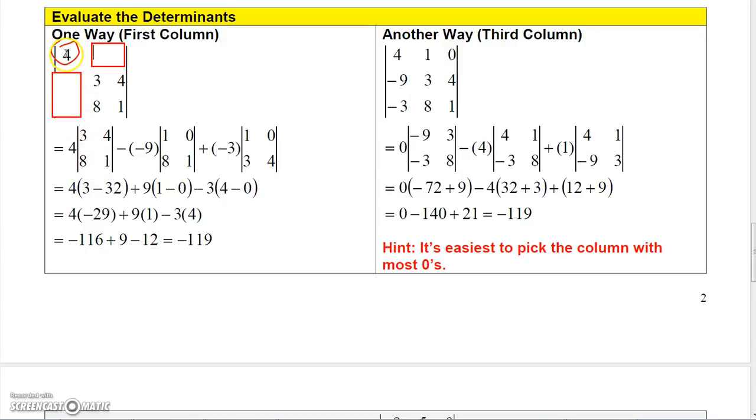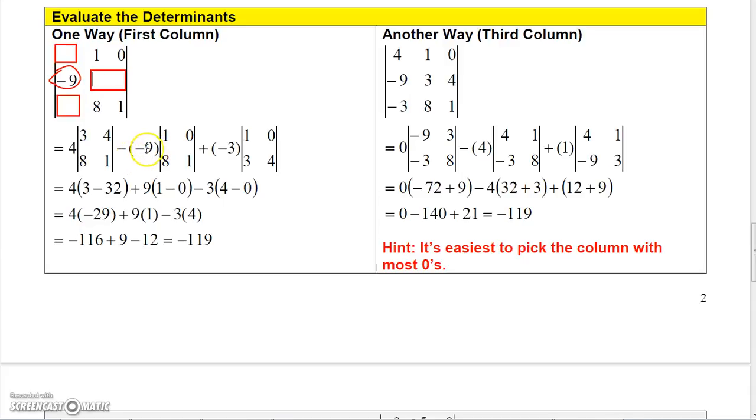But notice the 2 by 2 determinant actually comes from, if you'll just go ahead and mark out everybody that's in this row that contains the 4, and everybody that's in this column that contains the 4, then what you're left with are the values for your determinant, the 3, 4, and 8, 1.